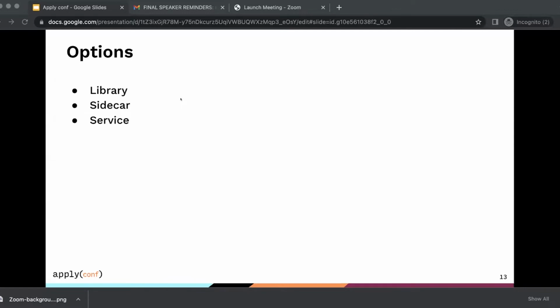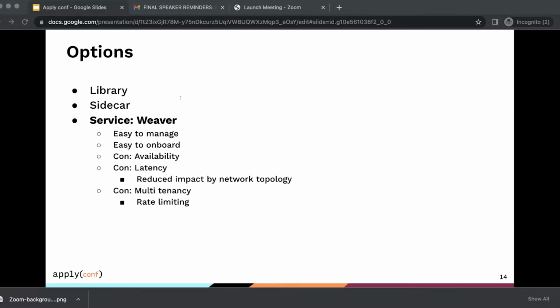The advantage of a library or a sidecar is somewhat reduced latency and isolation, but they can be tricky for management. So we went with the service option to start with because we felt it would help us bootstrap easily without much investment from our customers. But in the future, we might consider abstracting it as a library if there are some special requirements around it.